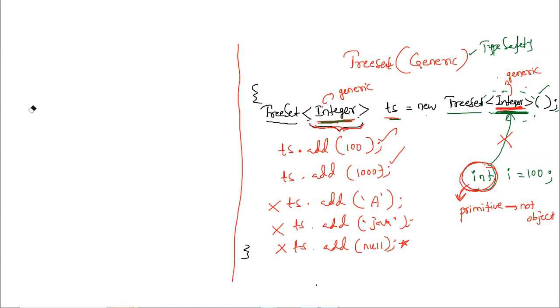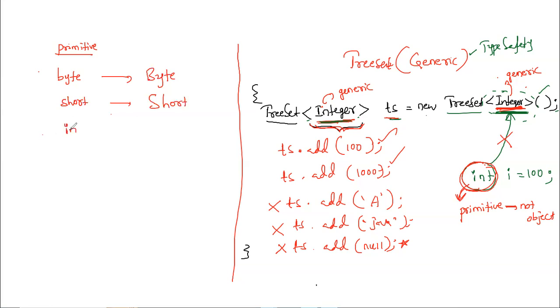That's the next point to understand. If it is byte as a primitive, then the corresponding class name is Byte with capital B. And if it is short in lowercase letters, the corresponding class is Short with capital S.